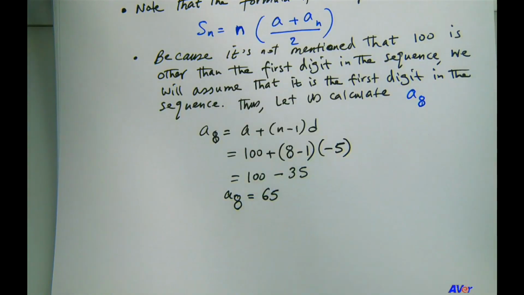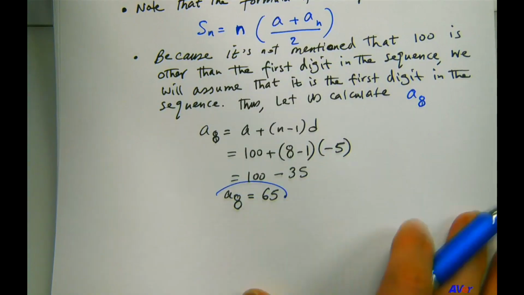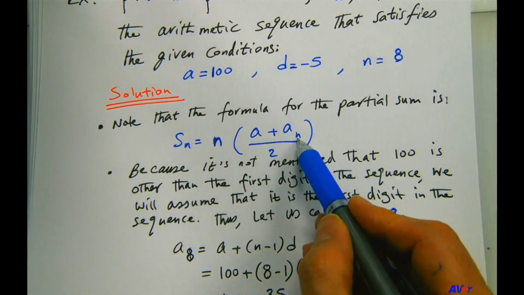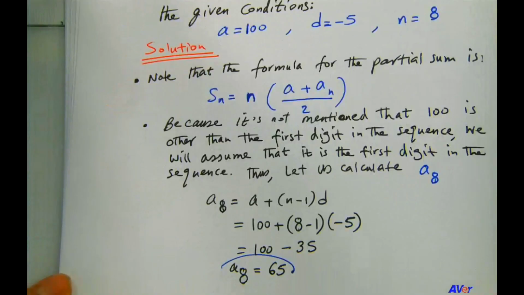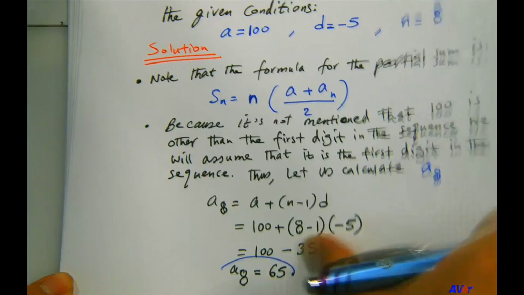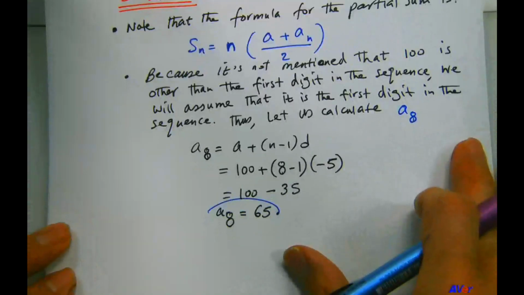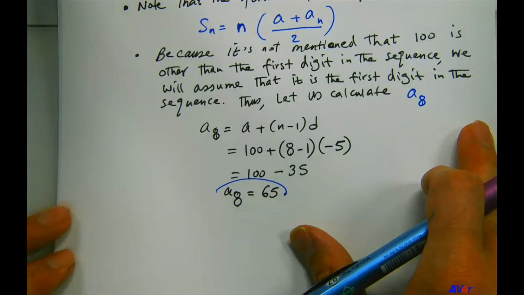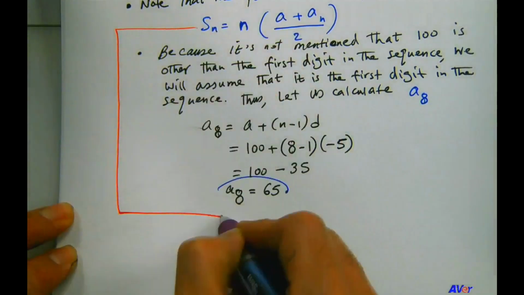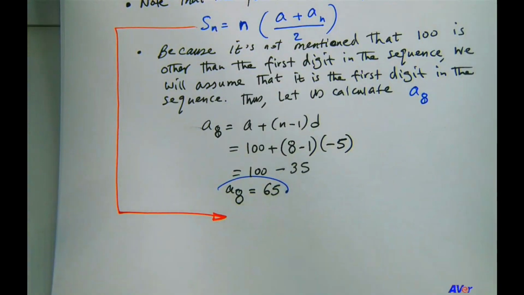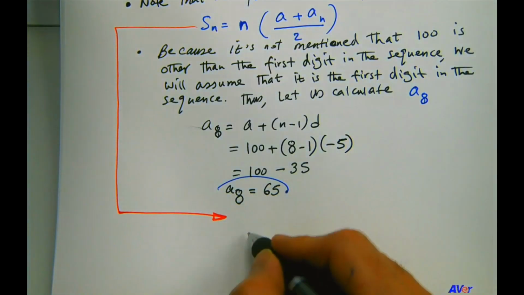Okay? We're going to need this because that would be the number we would use here. So now we can use this formula. Let me see if I can keep everything on the screen as I do this. Okay, so now we can apply the formula here.